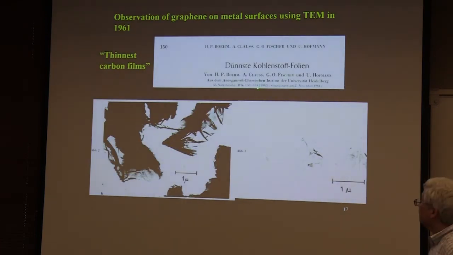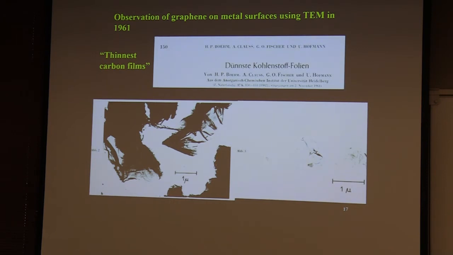Okay, so this is the first observation of graphene. This was done in 1962. This is in German, but Boehm, what they found is they were observing graphite in a transmission electron microscope, and they needed to exfoliate graphite.